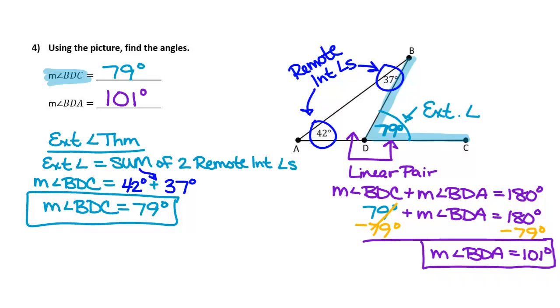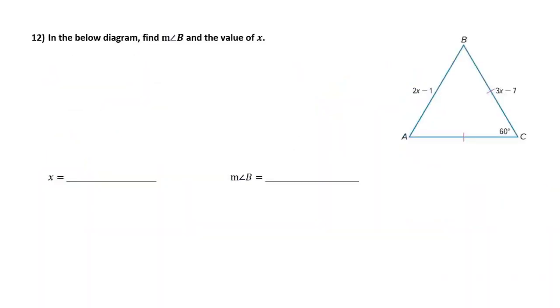Number 12 was next on the list. Let's go over and look at number 12. In the diagram below, find the measure of angle B and the value of x.